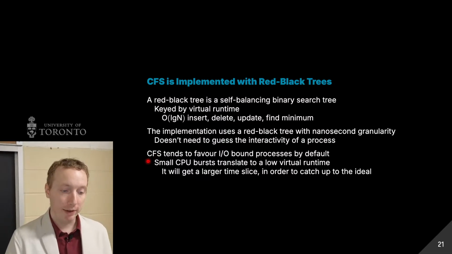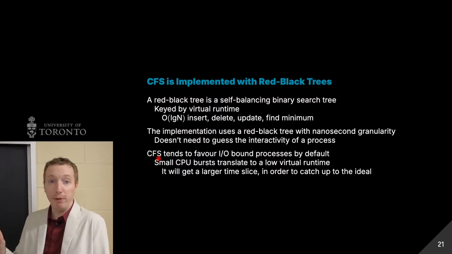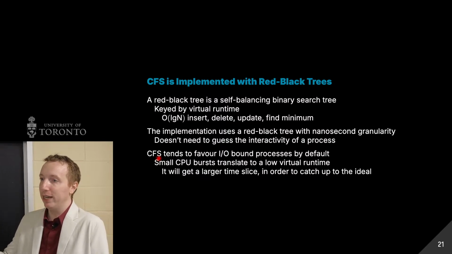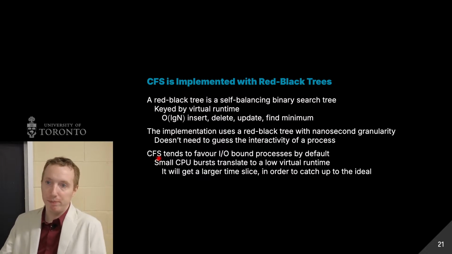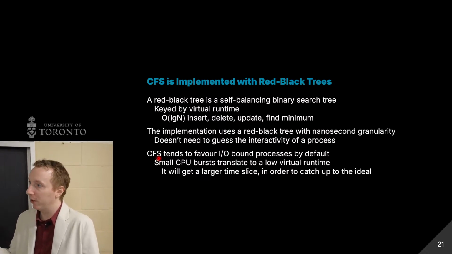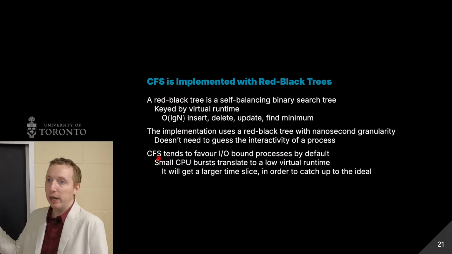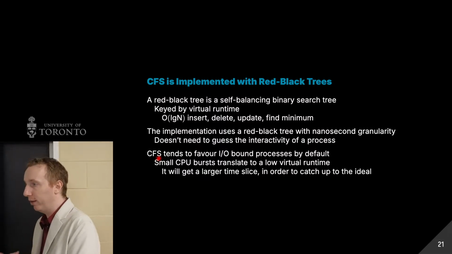So what that means is an IO-bound process will probably execute for a very short amount of time until it hits a read, and then it gets blocked. And whenever it gets switched out, we would increase its virtual runtime, but it didn't actually execute for that long. So it wouldn't have much virtual runtime count against it. Then we'd run a whole bunch of other processes.